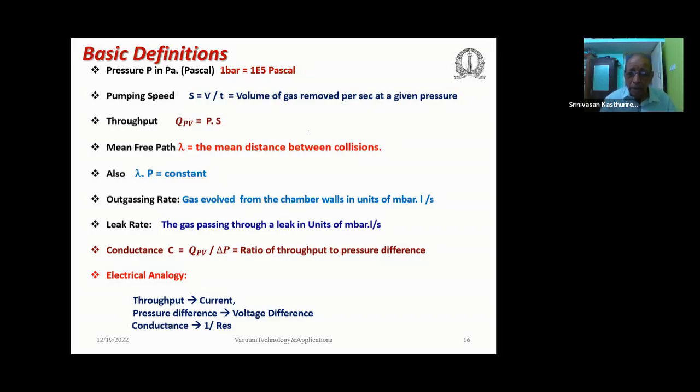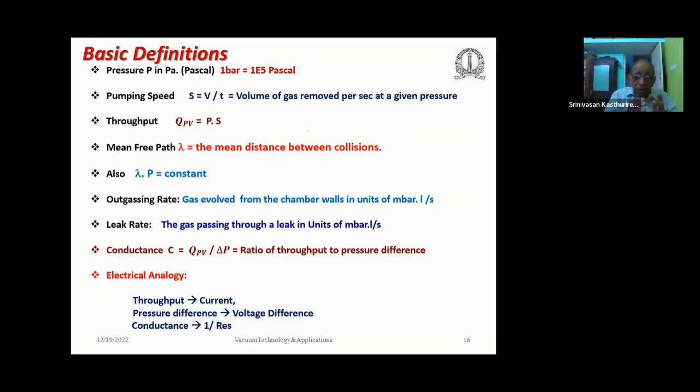Now I already defined mean free path. It is the average distance between the collisions. Okay. But what we have already seen also is, higher the pressure, more the number of molecules. That means the collisions will be much more. So the average distance a molecule travels between collisions will be very small.